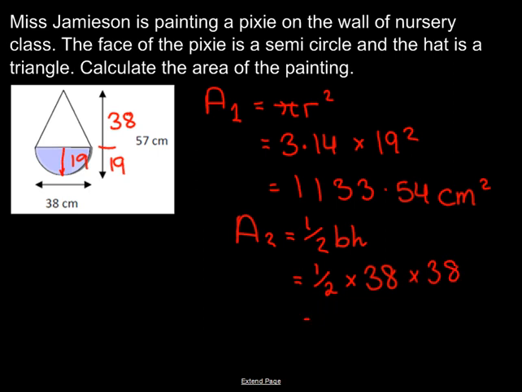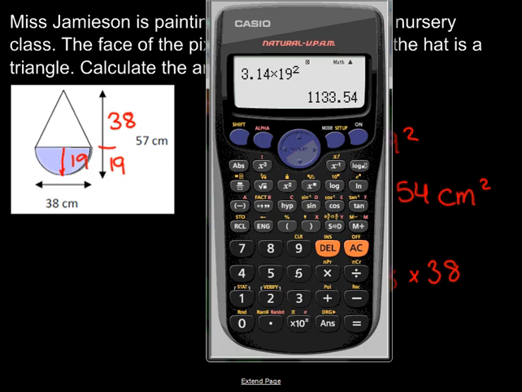Okay, and let me go into the calculator for that. So a half, I'm just going to put 0.5 times 38 times 38. That's 722.